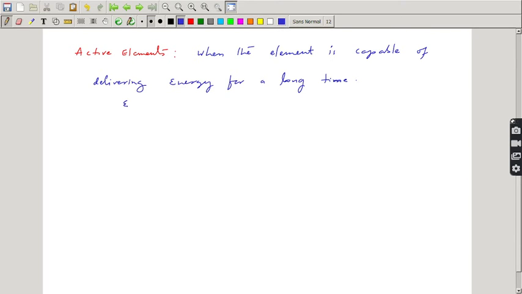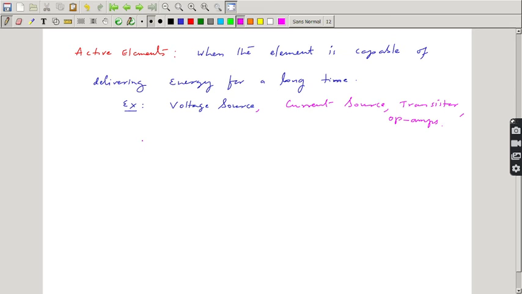Examples for this are voltage source and current source. Transistor also has some internal amplification, so I can take as examples of active elements the transistor and operational amplifiers, op amps.